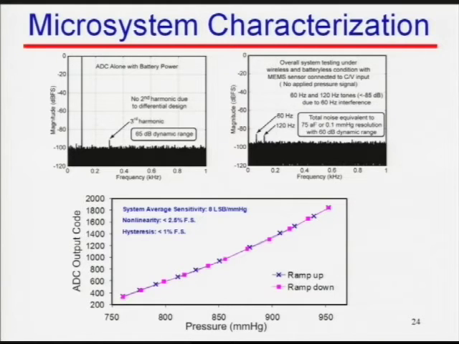So this is the output digital code out of the ADC versus the pressure change. If we sweep the pressure from 760 to about 960, this is the digital code. It tells us that our average sensitivity is about 8 LSB, with nonlinearity and hysteresis less than 2.5 and a 1% full scale.